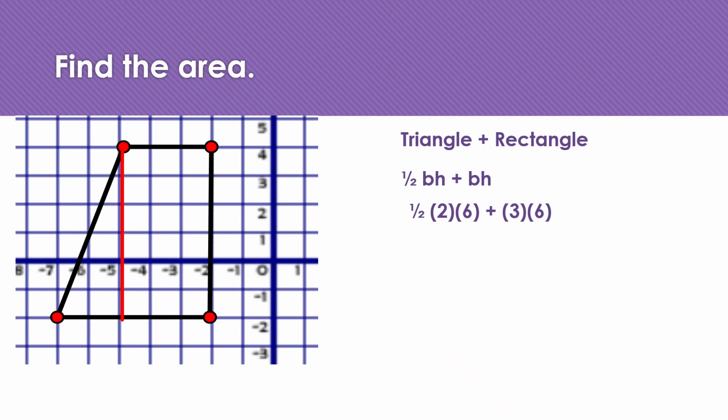So when you get those numbers, you can see that for the triangle, the base is 2, and you're going to use the height where the line that you drew is, and that is 6 boxes. And that is your triangle there. And then for the rectangle, you can count there's 3 for the base and 6 for the height.